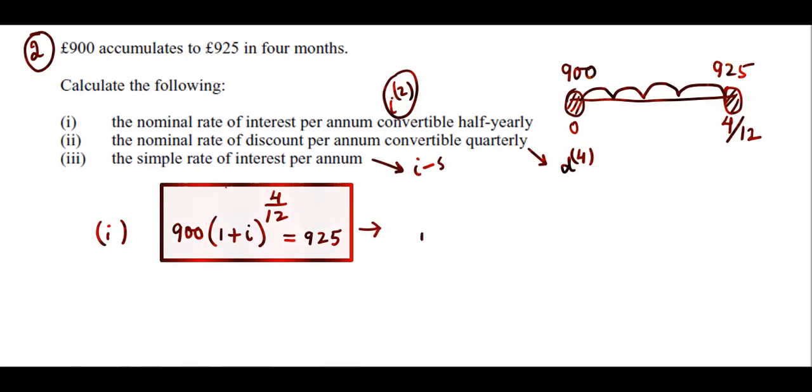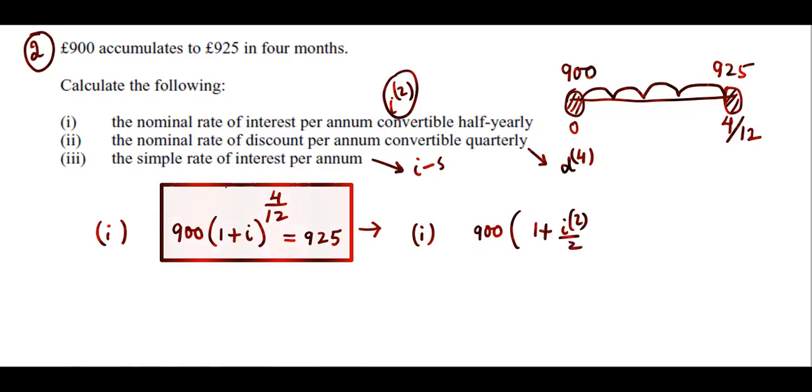So in part 1, you need to find convertible half yearly, I2. So directly we can turn this equation in terms of I2. That is one method. Or you solve this one, find I, from I you find I2. But I would prefer this one, 1 plus I2 by 2 power 2.